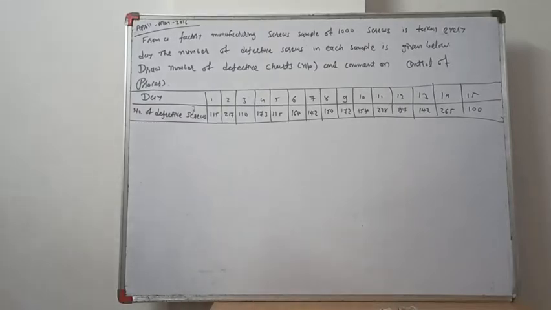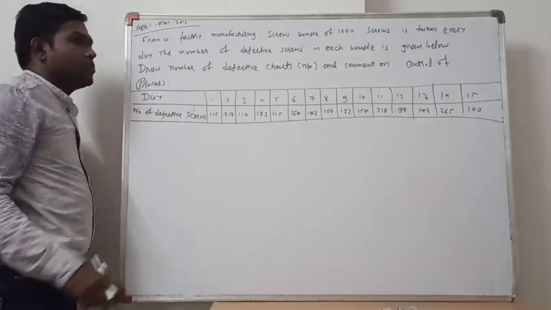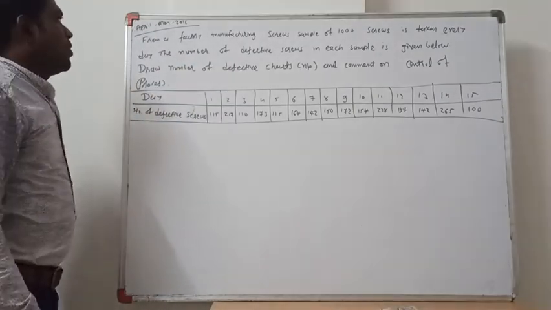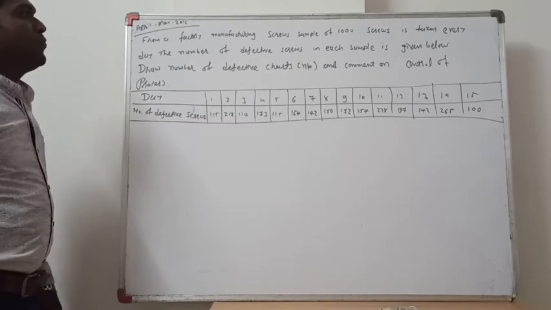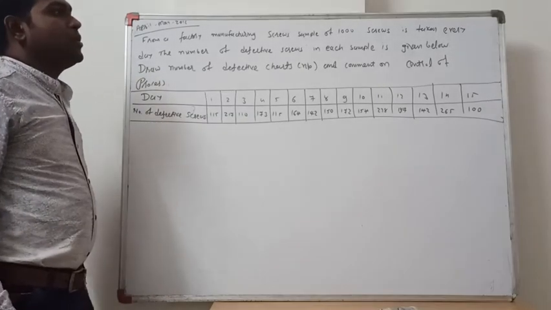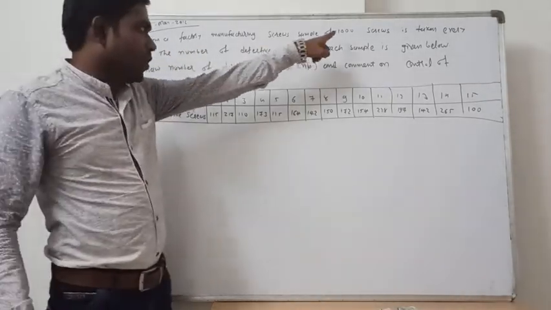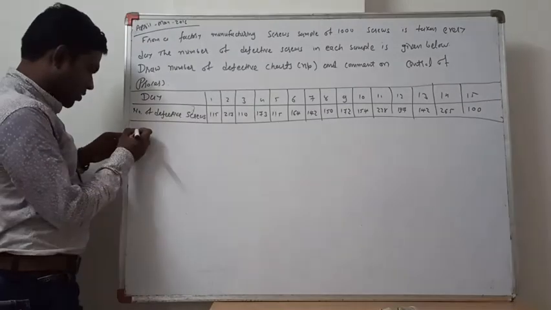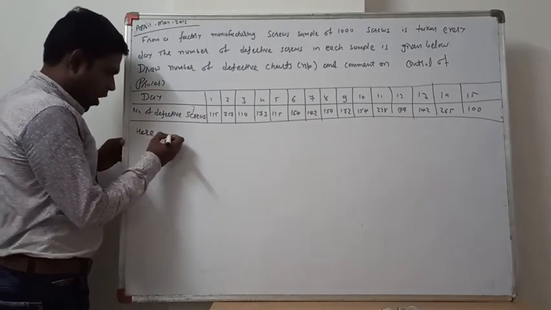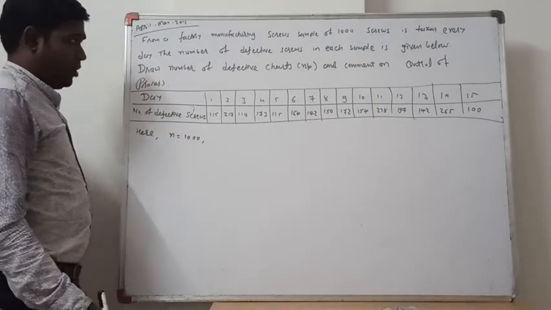Now this is the question. This question is from April-May 2016. From a factory manufacturing screws, a sample of 1000 screws is taken every day. Sample size is what? 1000. So every day they have to take 1000, therefore small n is 1000.